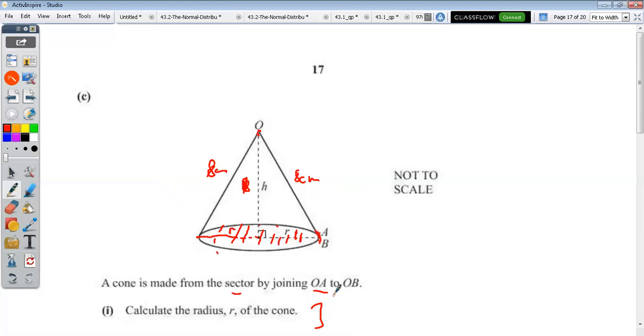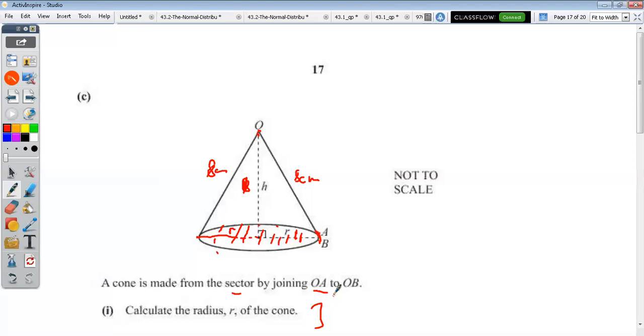Okay, so when you join the shape to make the cone, you're basically joining A to B, right? Yes, with center O, and it becomes one point. So basically what I'm saying is that the circle at the bottom is AB.